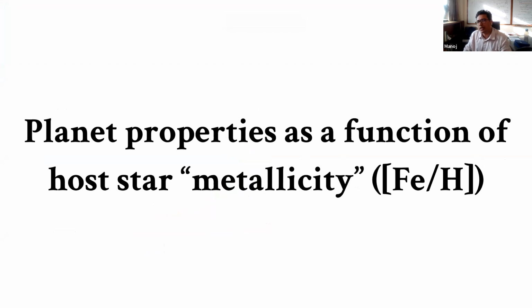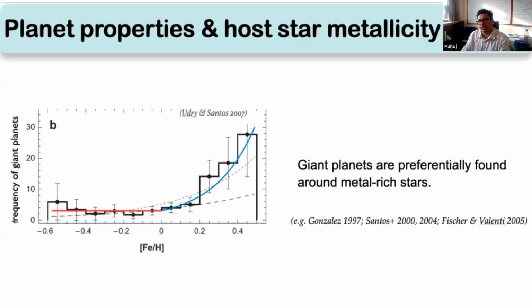Interestingly, the planet properties seem to be very strongly correlated with the metal content of the host star. Let us see how they are related. This was realized very early. The first planet around a Sun-like star was discovered in 1995, and by '97, '98 this correlation had emerged, with planets mostly discovered by the radial velocity Doppler shift method.